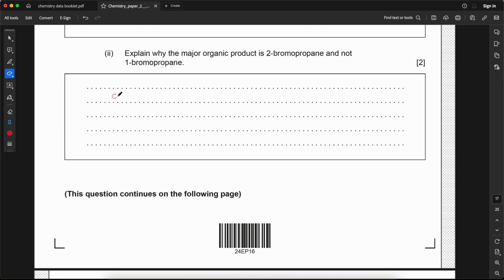Okay, for the 2-bromopropane, if we compare with 1-bromopropane, this one is more stable compared to this one because it involves the formation of secondary carbocation.